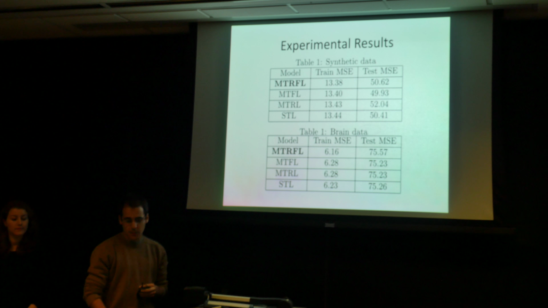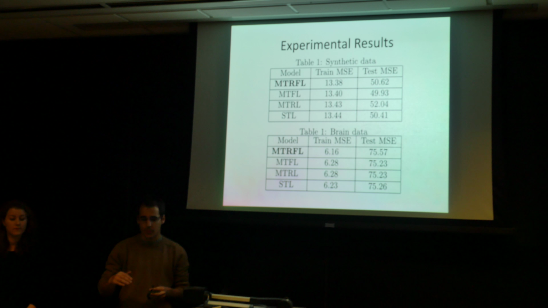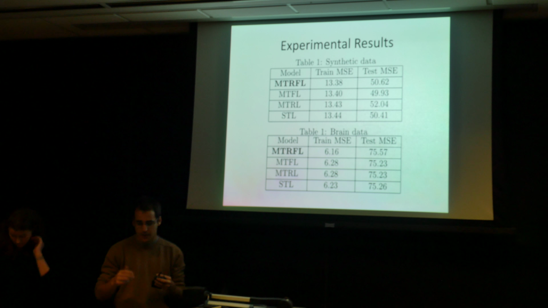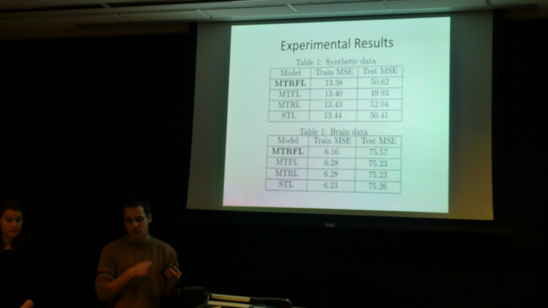We compared our model with three other models, which are special cases of ours, as Han described, with sigma 1 or sigma 2 fixed to the identity. The first one is our model. The second one, I think in the same order, is sigma 1 equal to the identity.